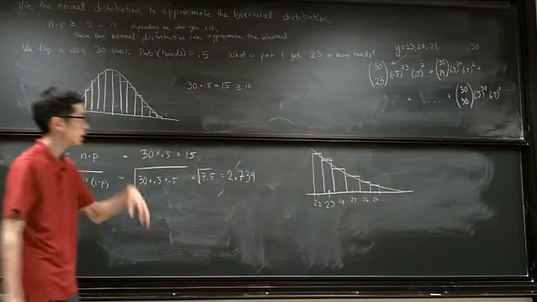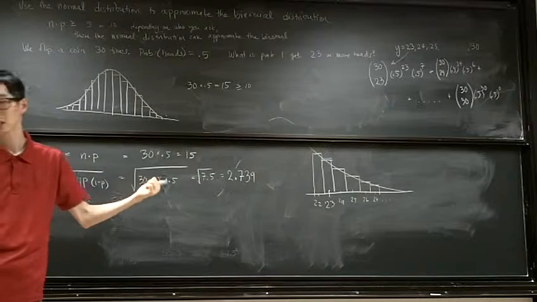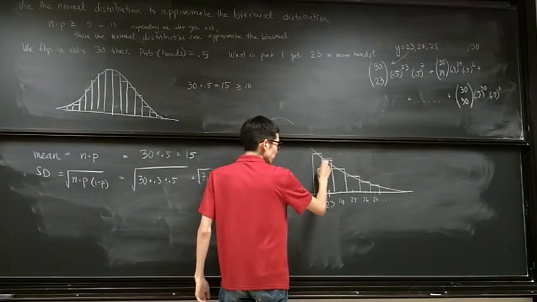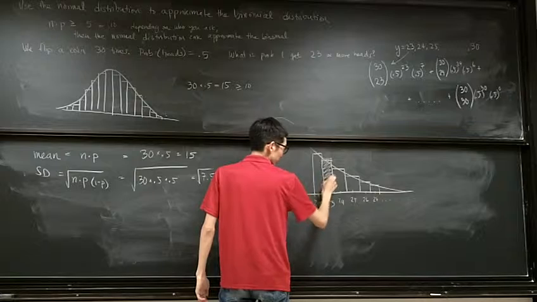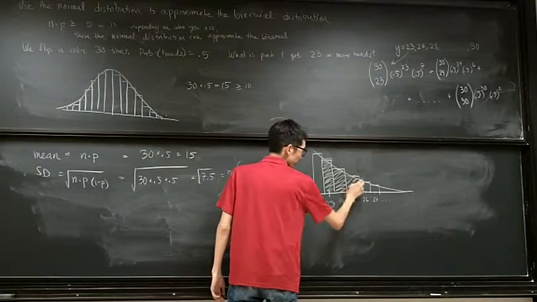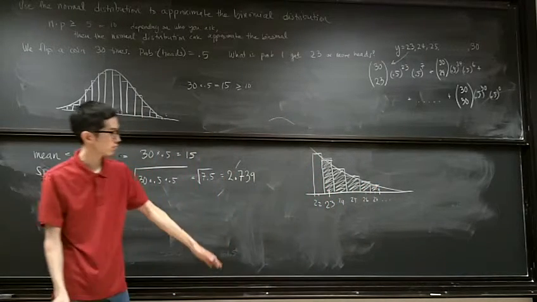Okay. And I want to know what's the probability of getting 23 or more. This is discrete. So do I include 23? And my answer, yes, I do. So I want to shade all of this bar 23. I want to shade the bar for 24, bar for 25, 26, just like that.